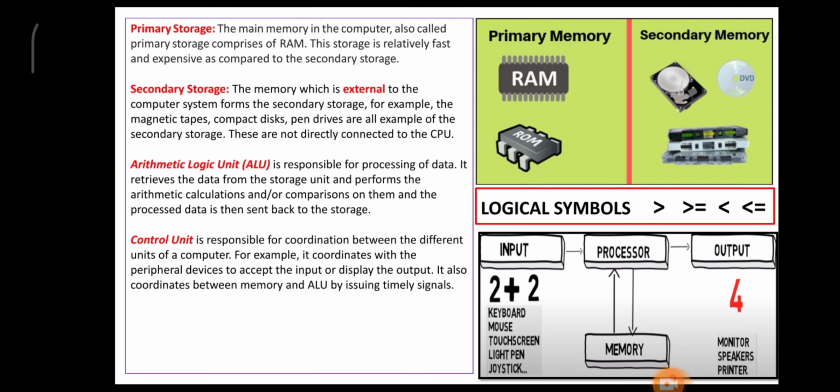In this case it is arithmetic because it is 2 plus 2. If it is A less than B, say 2 less than 3, it becomes a logical operator. So the processor will check whether an arithmetic or a logical activity is coming. In this case it is arithmetic, so it immediately performs the 2 plus 2.